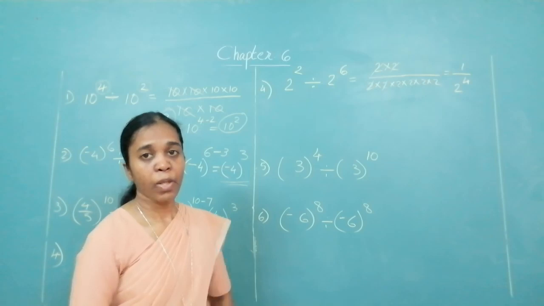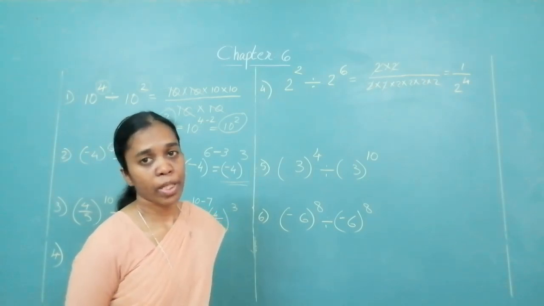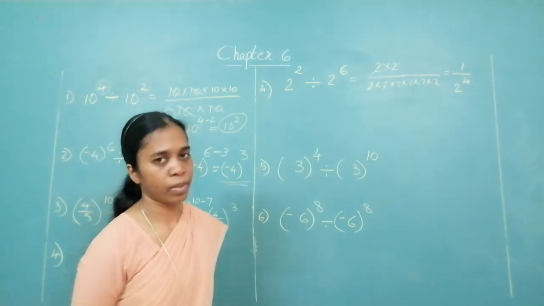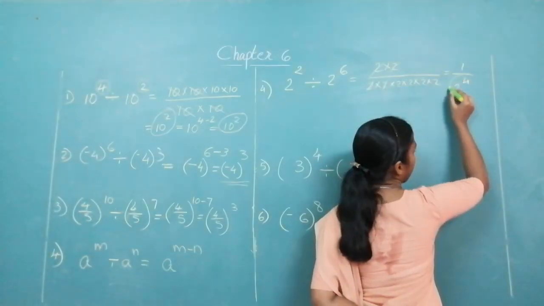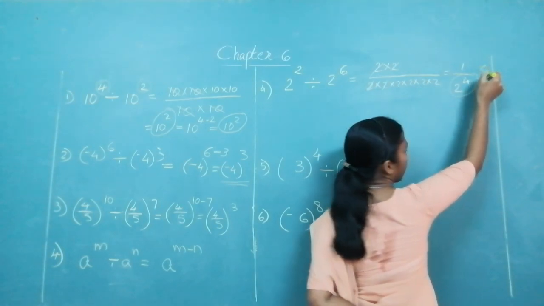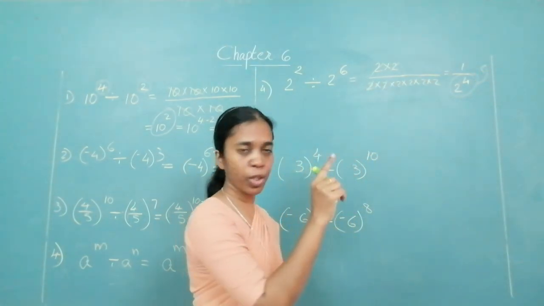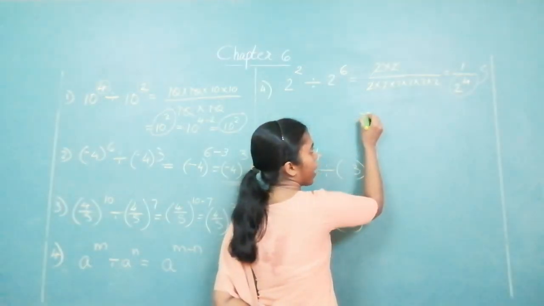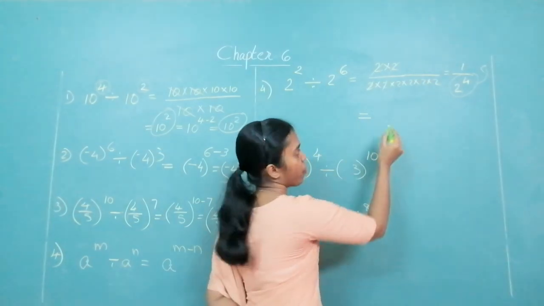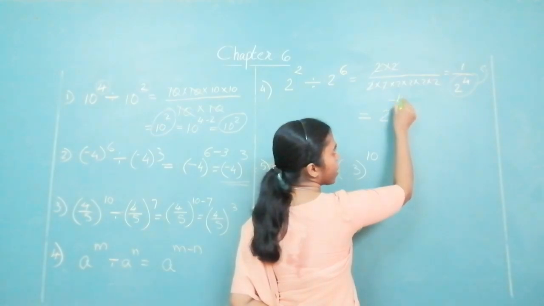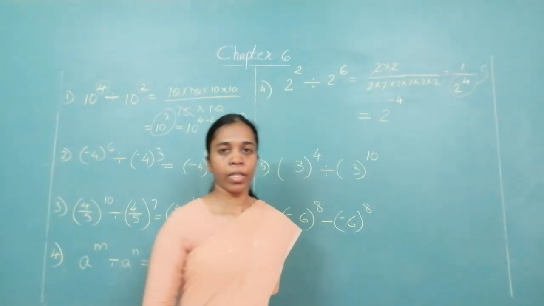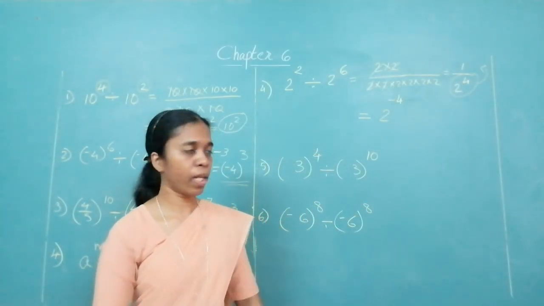Now, I don't like to write it in the numerator denominator form. This is the answer. So if I want to take this from the denominator to the numerator, then I write it as equal to 2 raised to minus 4. Have you understood? What was my answer over here?